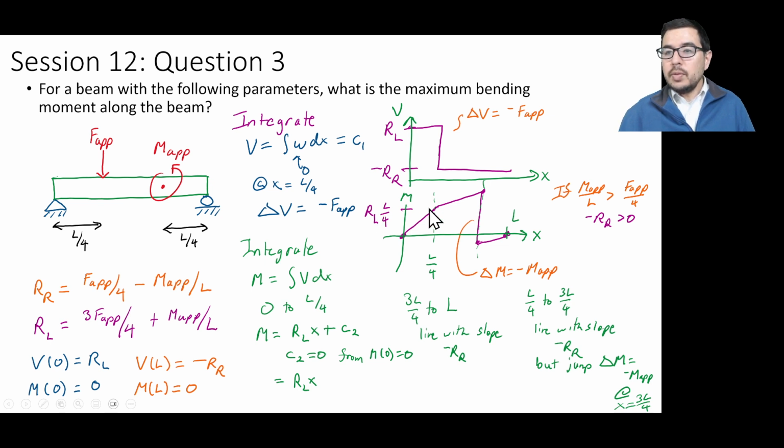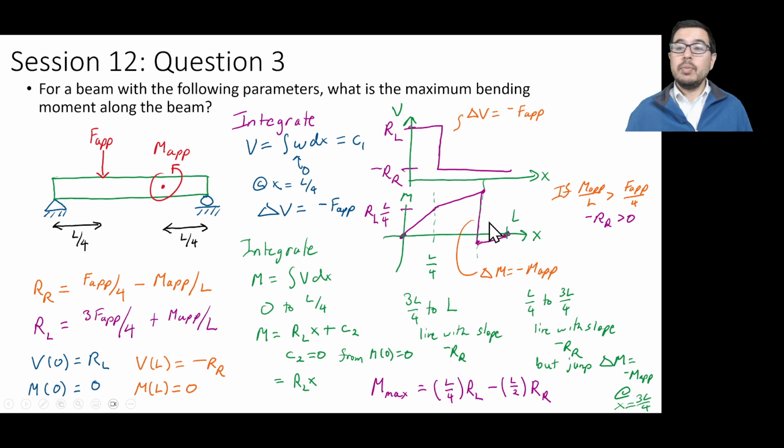I can take this value I've calculated and add it to the L over 2 times this slope here, and remember, that's minus RR. So M max is equal to this value plus minus RR times L over 2. And that's the value, and that's where the maximum is.